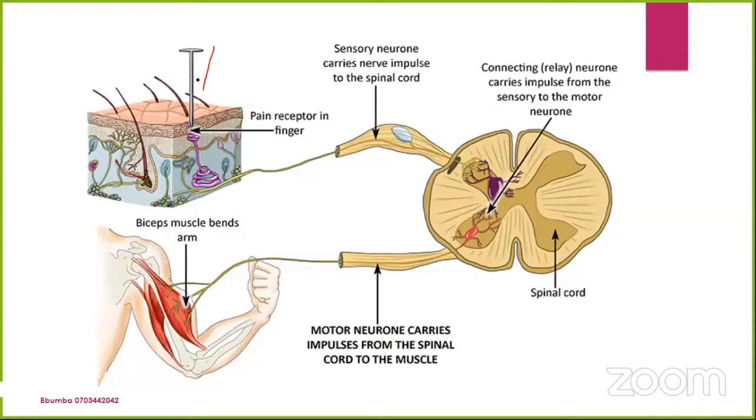So when you step on a pin or something pierces your skin, check what is happening. In your skin, you have what we call pain receptors. Those receptors in your skin receive the pain, they are stimulated, and check what is happening. The impulses are going to travel along the sensory neuron and then to your side of the backbone.